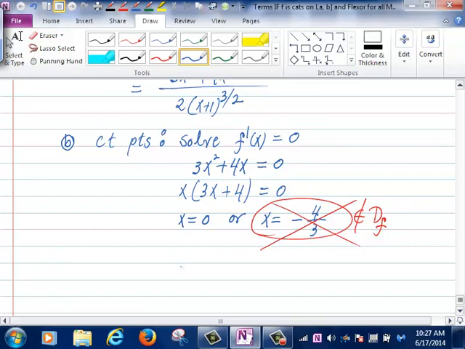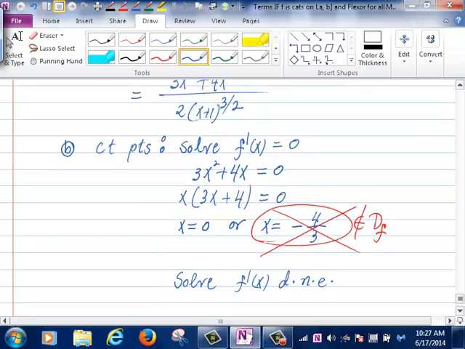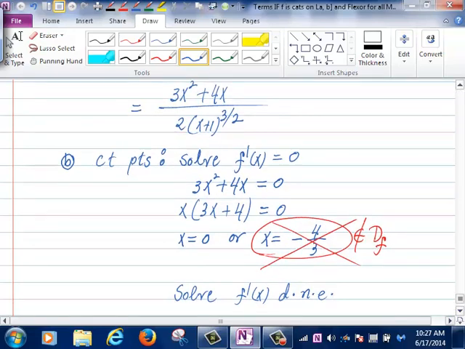But we also have to solve what? Solve f prime of x does not exist, right? And the derivative doesn't exist for what values of x? Yeah, at -1, or you can say any point beyond -1, because the function is undefined there.